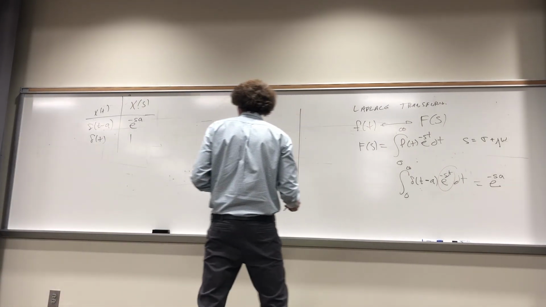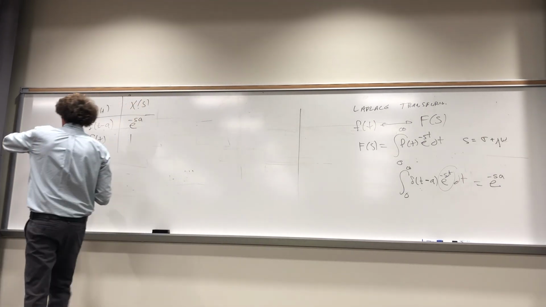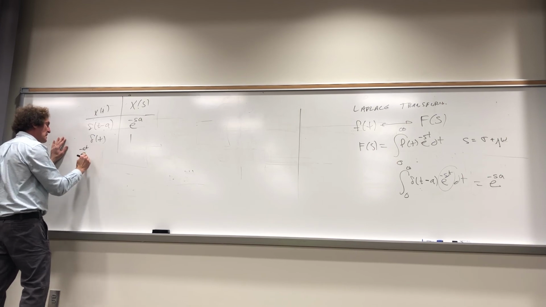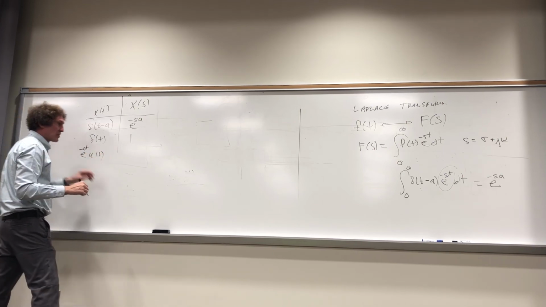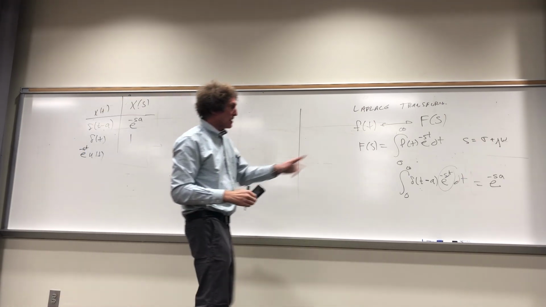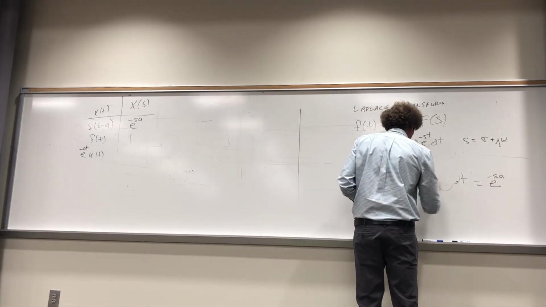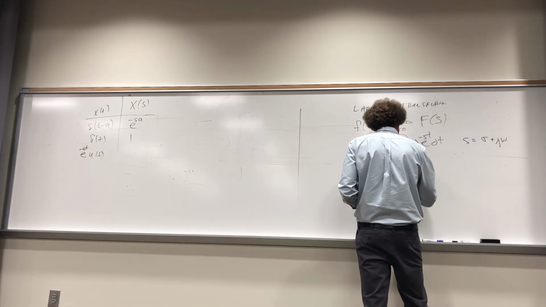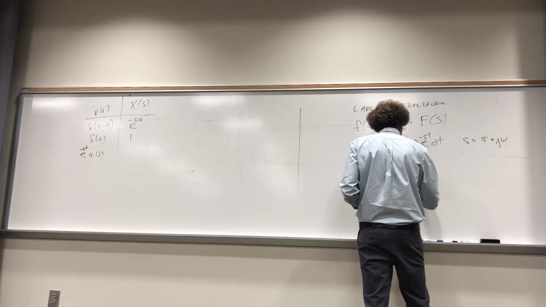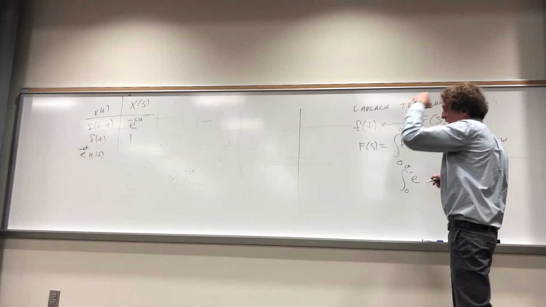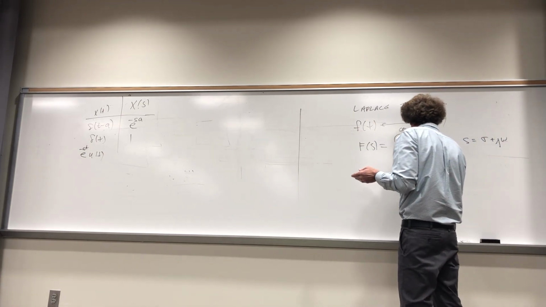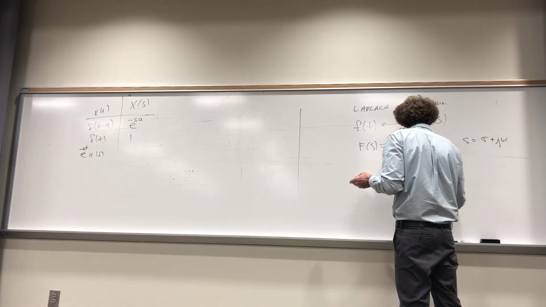All right, next, we could do this a lot of different ways. Suppose I had the function, this is the last one, e to the minus at u of t, and you wanted the Laplace transform of that. I'm going to erase this one. I bet you all know this one. This would be the integral from 0 to infinity of e to the minus, and since there's an a there, now watch what I'm doing, I'm just going to put a plus s times t in here, dt.